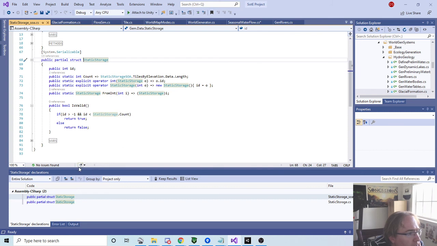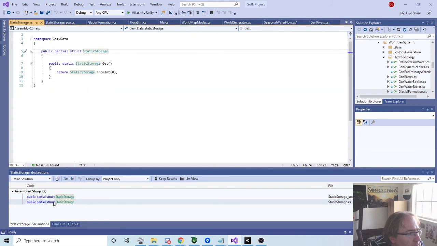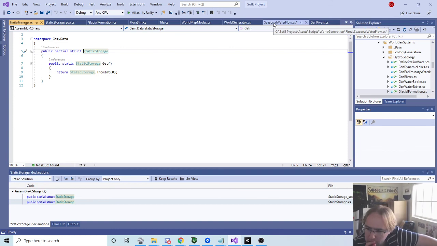Yeah, I guess it checks every tile. Oh, that's right, because technically we need it to rain on water bodies that aren't oceans, right? It rains on a lake. If it's a freshwater lake, it needs to continue draining.